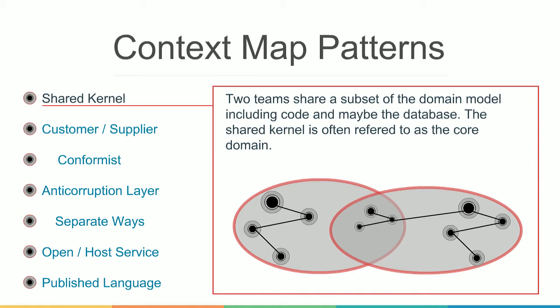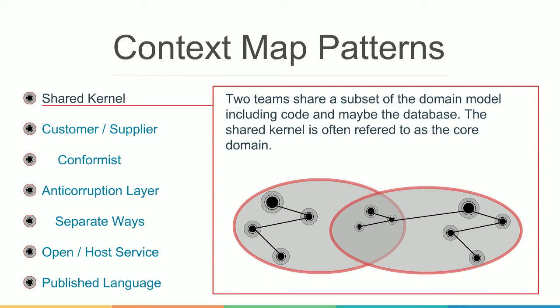So the shared kernel means that 2 teams or 2 applications or 2 bounded contexts really share a part of a model in a physical way. One example for a shared kernel in the Java world can be, let's say you have an RMI or a Hessian communication between 2 systems.